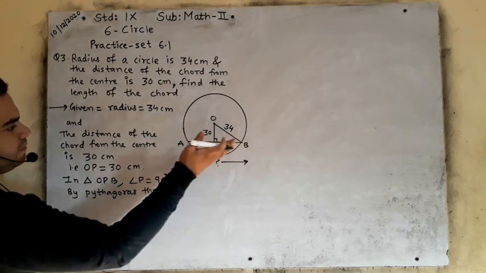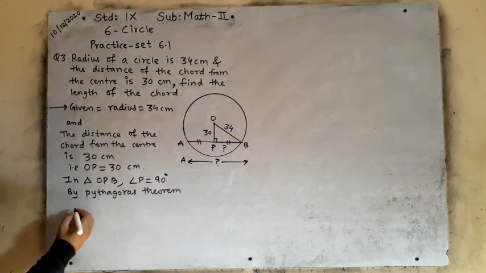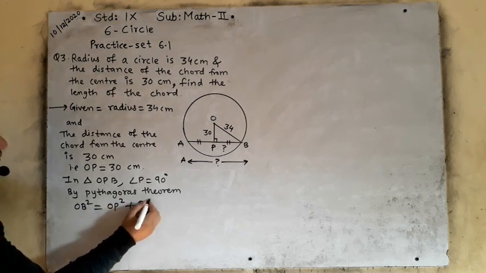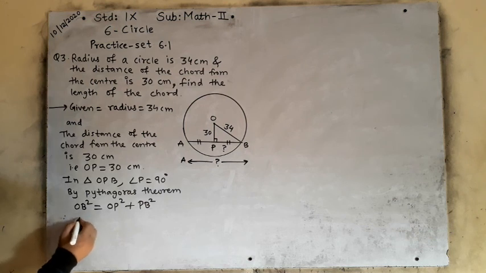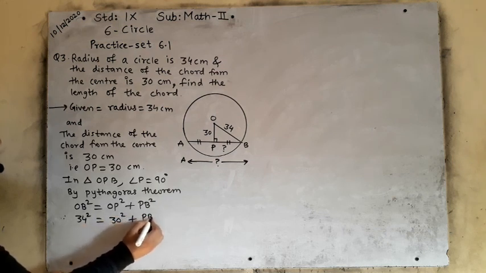Once you get PB, you can find AB. By Pythagoras theorem, OB square is equal to OP square plus PB square. So OB is 34 square, OP is 30 square, and PB we have to find.